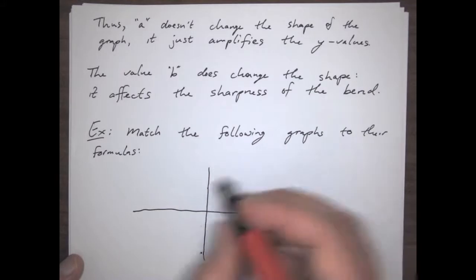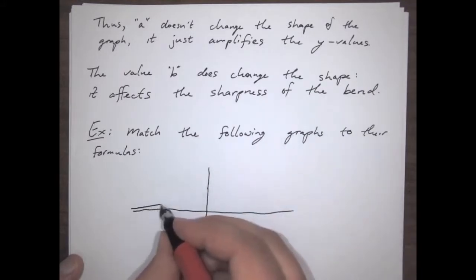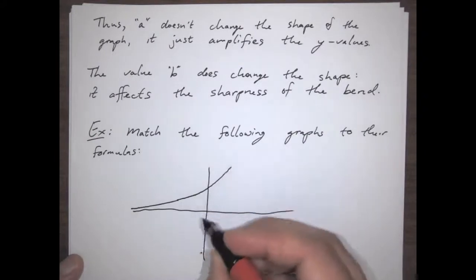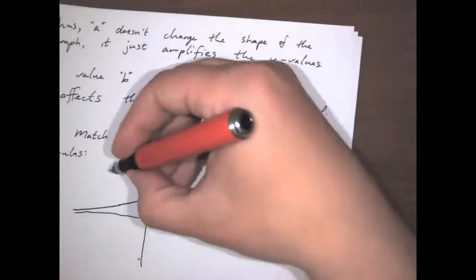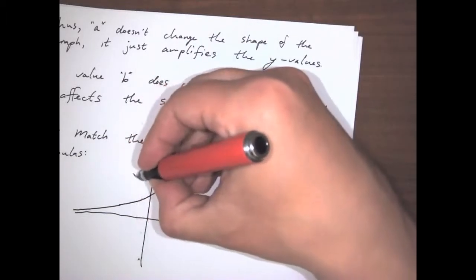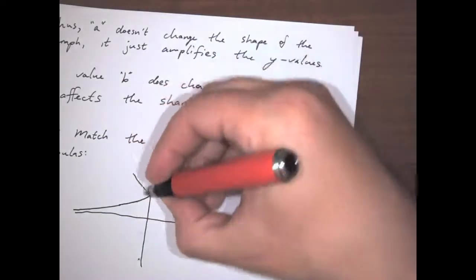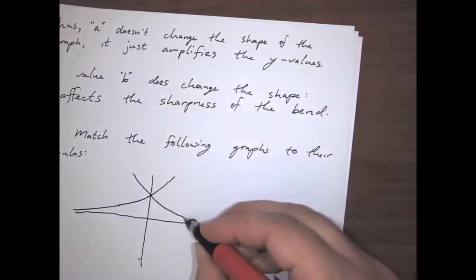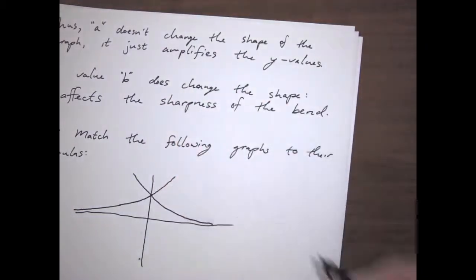Let's say that first off we have a function that is exponentially growing, going up that way, and another function that is exponentially decaying, but through the same point on the y-axis, and make them more or less symmetrical, the two.